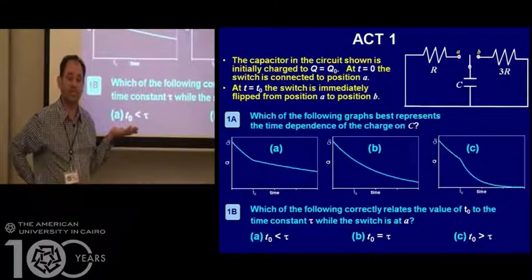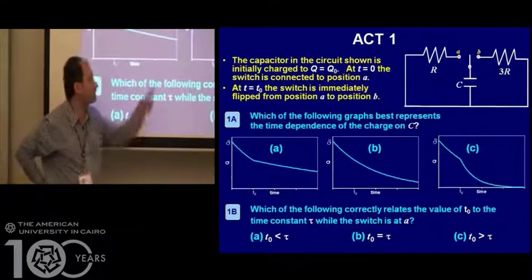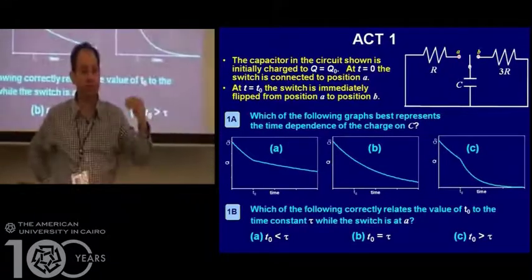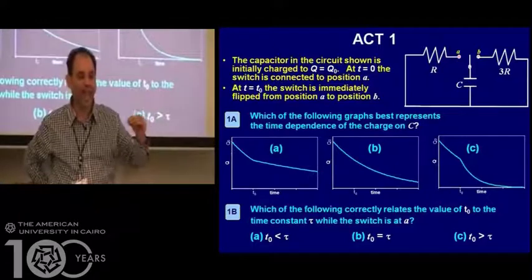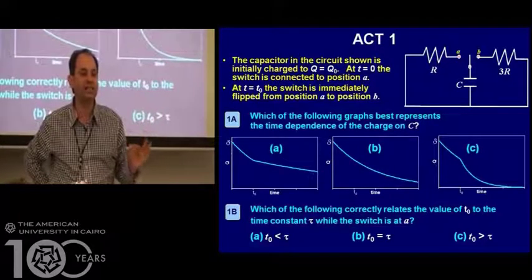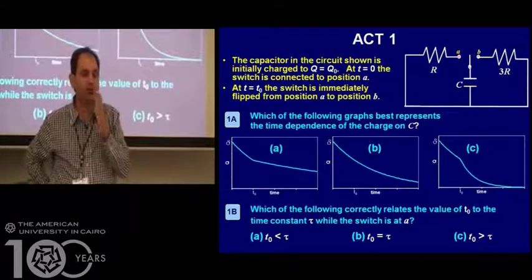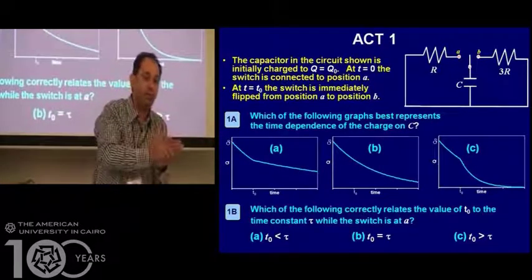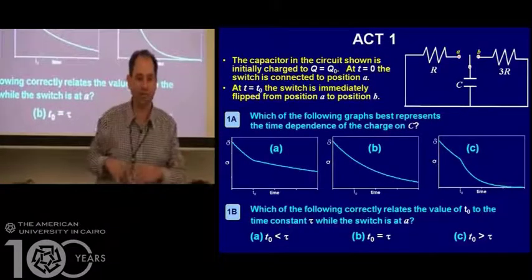The definition of the time constant for the circuit is the time needed for the charge in the capacitor to decay to 37% of its maximum value. So after waiting for time tau, the charge on the capacitor will be 37% of the maximum value.